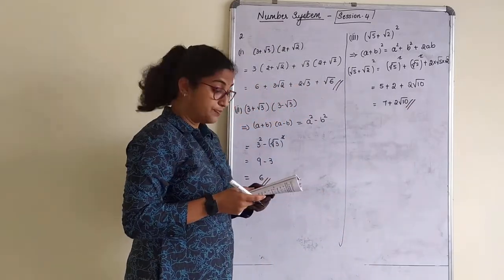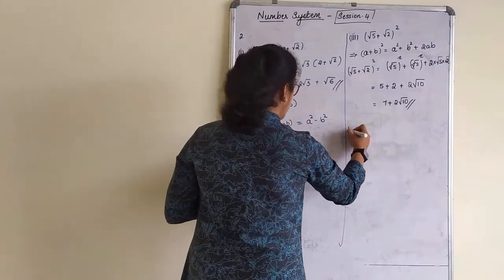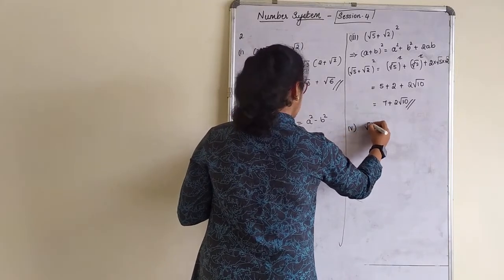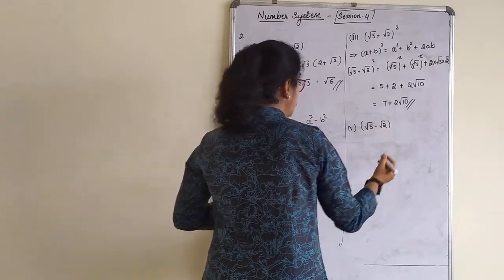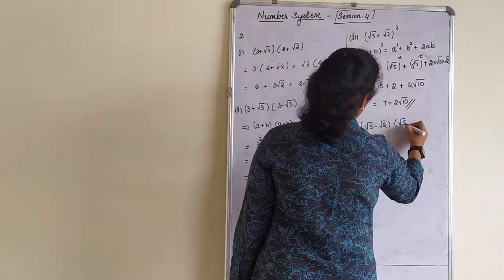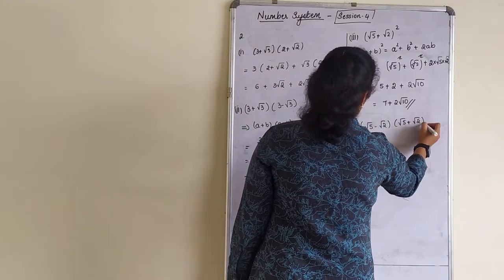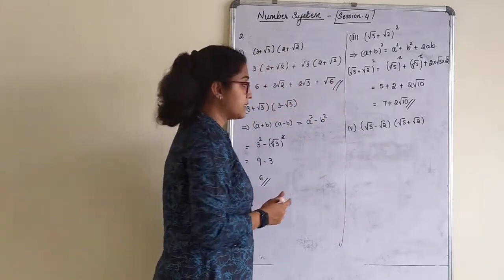So next one and the last one, fourth one. Root 5 minus root 2, root 5 plus root 2. Sums are quite simple, that is why I want you to practice both examples here.